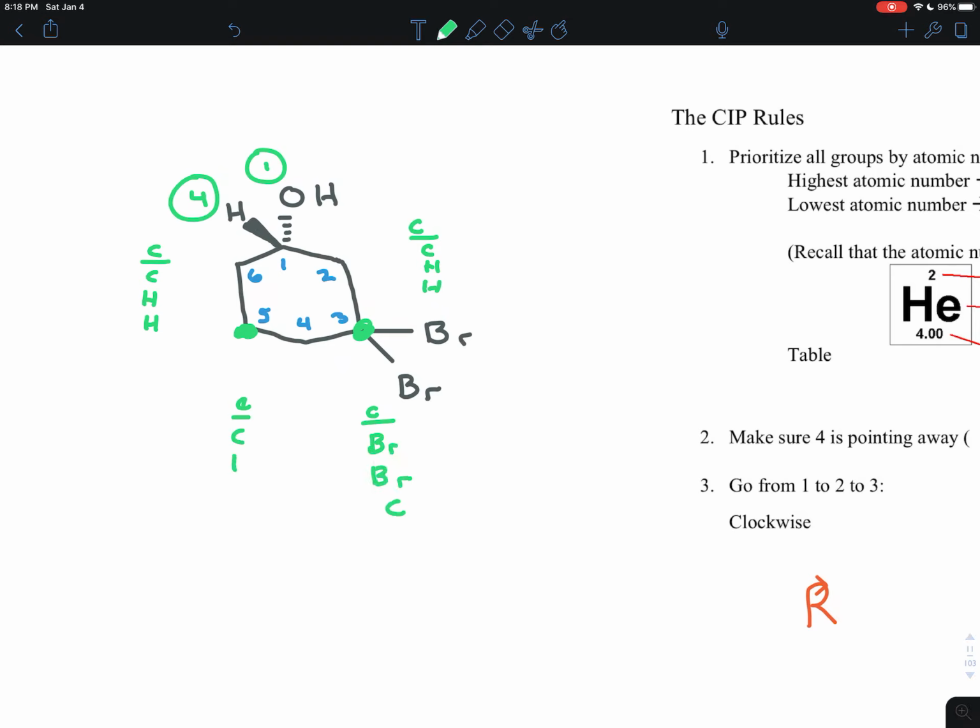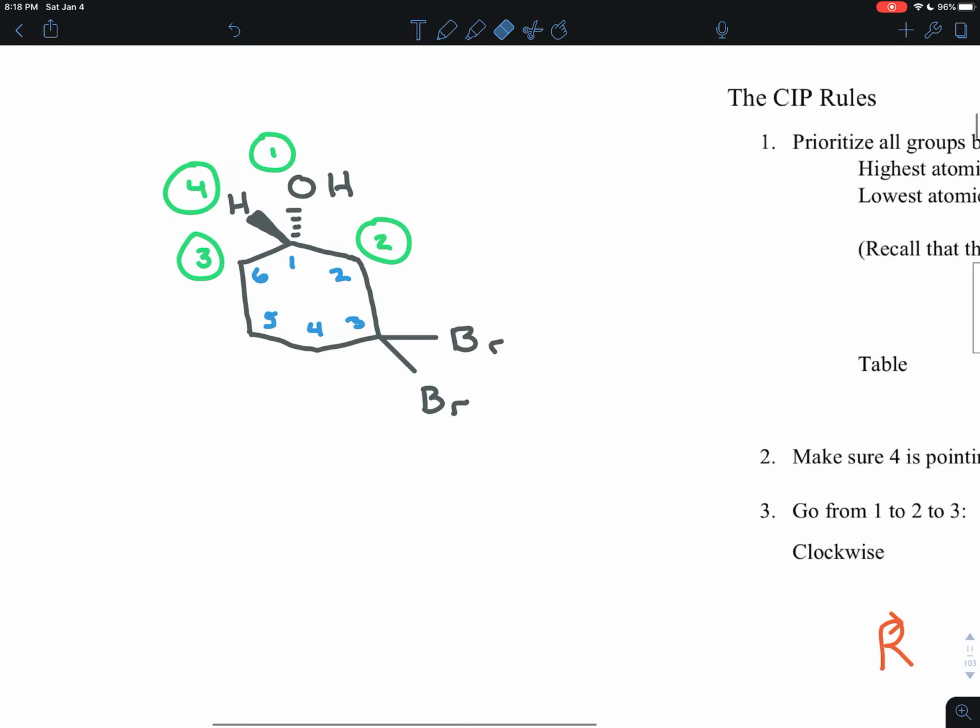The one on the left is bonded to a carbon and 2 hydrogens. So the bromines have a higher atomic number, and so they get the higher priority. This was 2, and this is 3. So I did that a little fast, but if you don't feel comfortable with doing that, let me know, and I can direct you to videos from Organic Chemistry 1, where you would have learned and practiced that at more length. Here, we have bigger fish to fry.